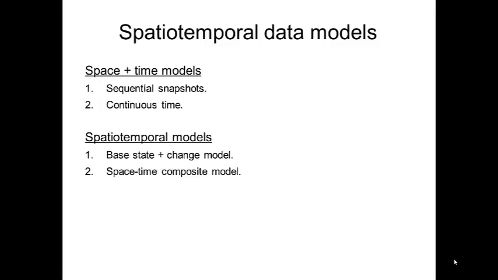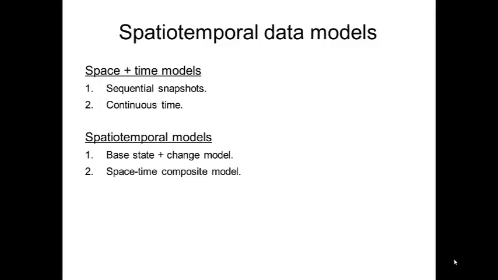I call them space plus time models, and then fully spatiotemporal models. So a space plus time model is a model of space that you've bolted time onto. A fully spatiotemporal model is an attempt to make one data model that both incorporates space and time.